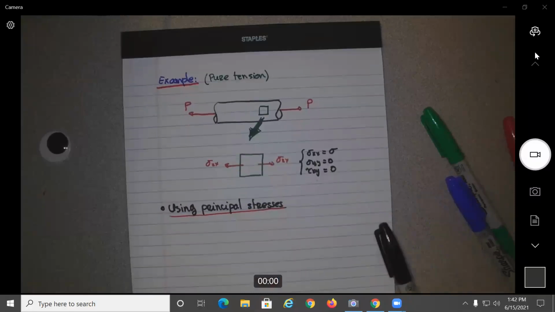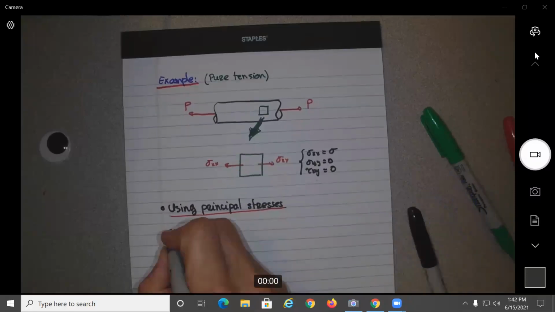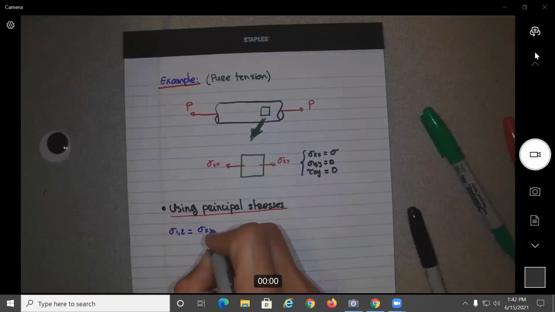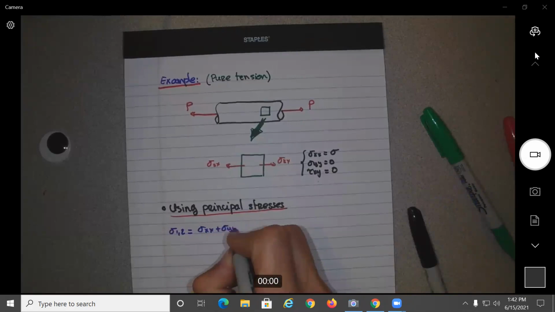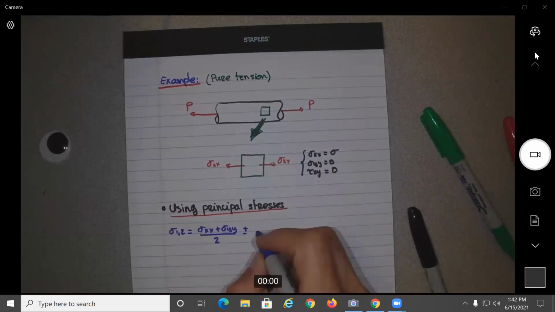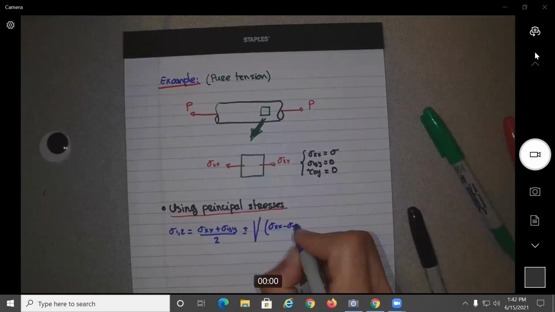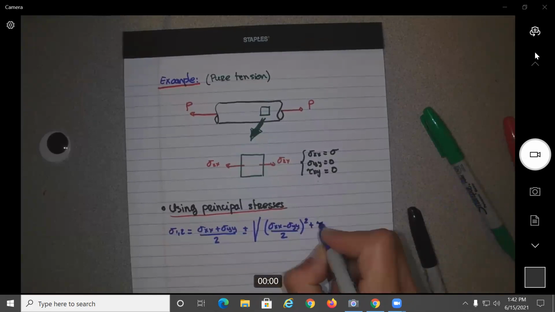So if we use principal stresses, the equation we had was sigma 1,2 equal to sigma xx plus sigma yy divided by 2 plus minus square root of sigma xx minus sigma yy divided by 2 squared plus tau xy squared.